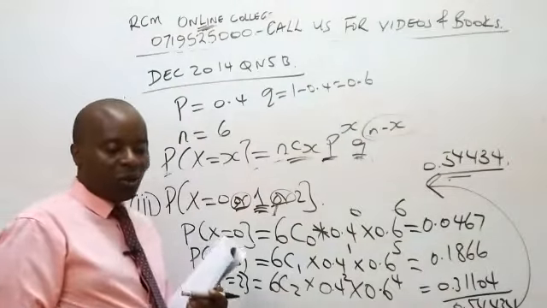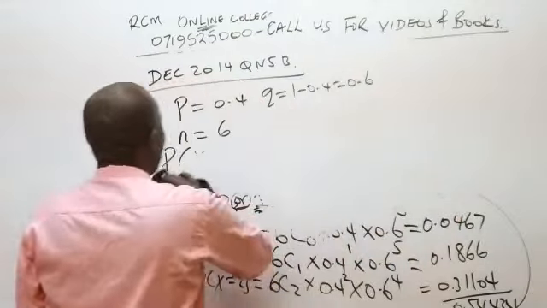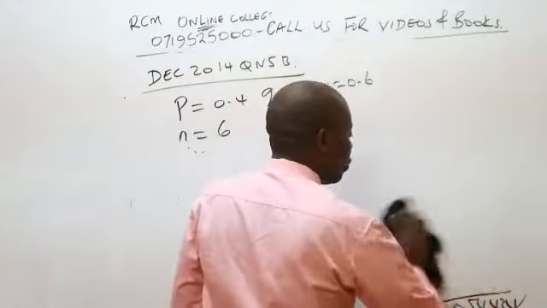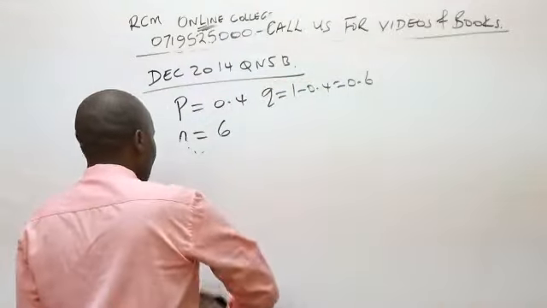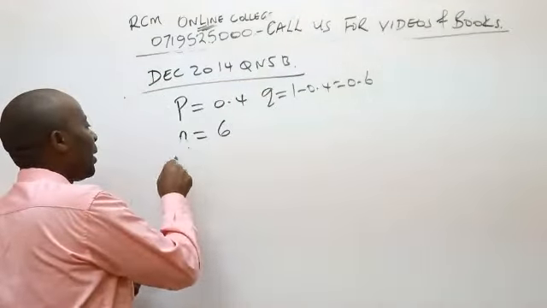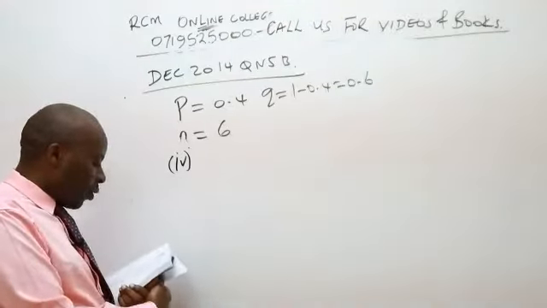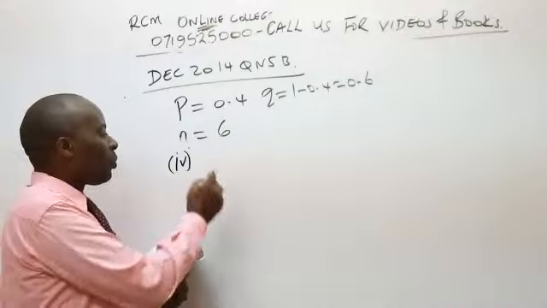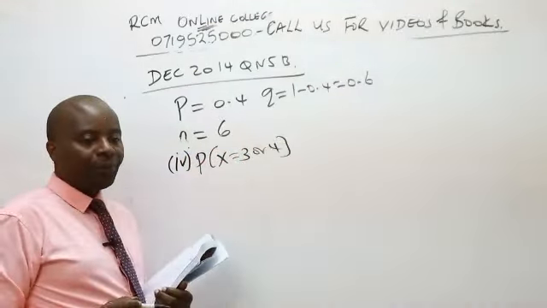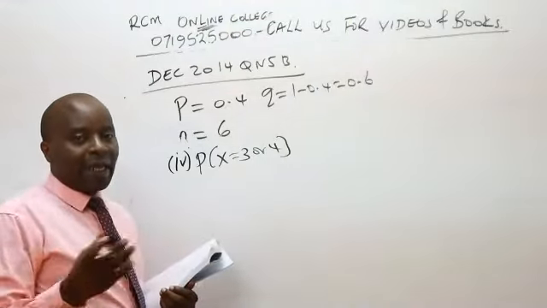And then now we can embark on tackling the last one. What do they want us to do for the last one? It is quite a simple thing. The last one, which is Roman 4, they want me to give them the probability of 3 or 4 households were affected. So the probability of X being equal to 3 or 4. Not a problem. These are very easy. I'll handle them separately and then add them up.